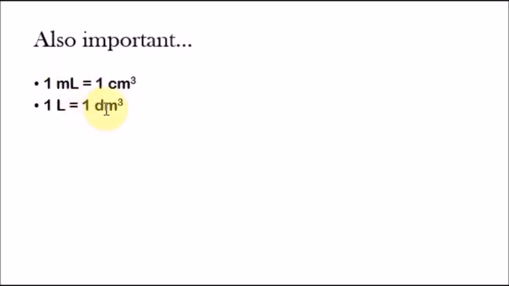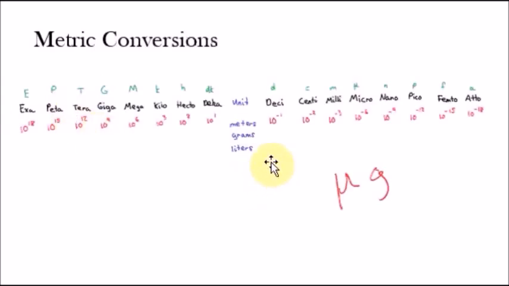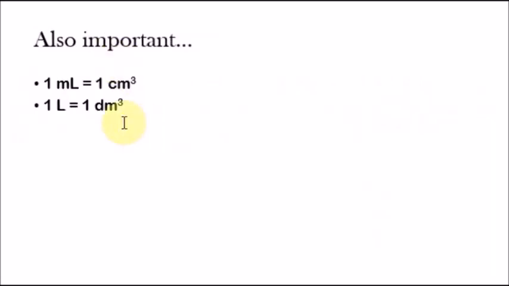And then 1 decimeter, sorry, I got that mixed up. 1 decimeter, which is 10 centimeters, or 1/10 of a meter. Okay, so if you have 1 decimeter by 1 decimeter by 1 decimeter, that would be 1 liter. These are also important conversion factors to know, so make sure you memorize that.